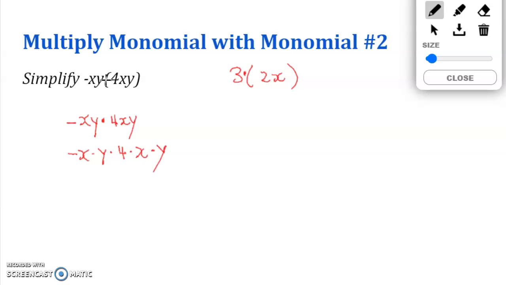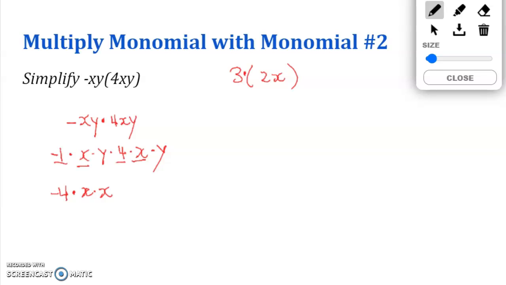But what about this negative 1? I can actually rewrite this as negative 1 is being multiplied to x. So now I can bring all the numbers together. Negative 1 times 4 is negative 4. To that I am multiplying x times x. So I've dealt with those.